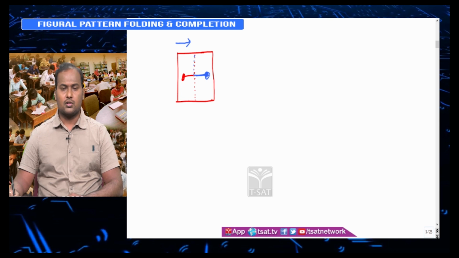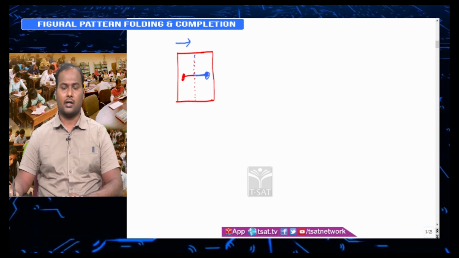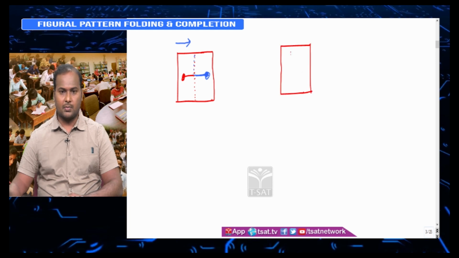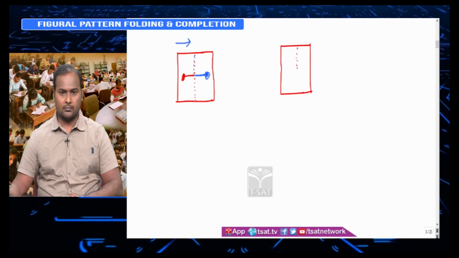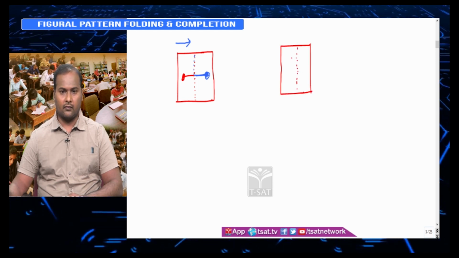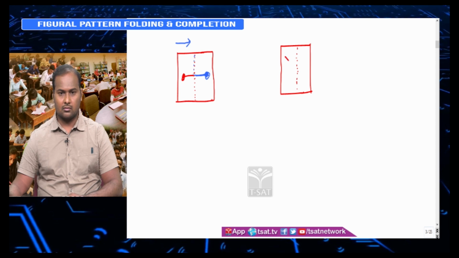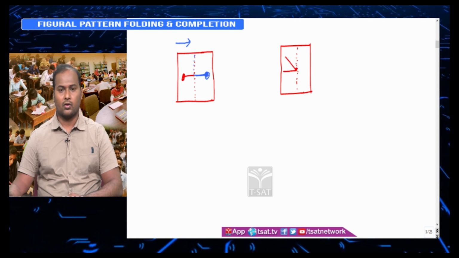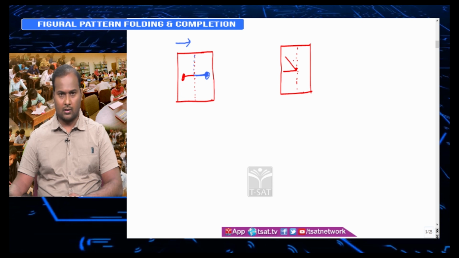For this, the student has to focus mainly on the mirror image. Let's see this. For example, in this paper, he will provide a dotted line. After giving a dotted line, imagine he's asking: this is the image, what will happen if I fold this particular image?